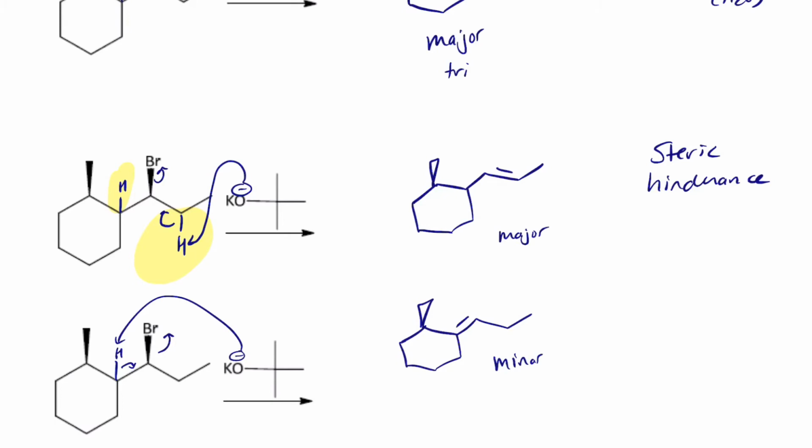Now, last thing here is you might have a question. What if we had, actually, let me just think just for a second, and then I'll be done. What if we could have a double bond there versus here?